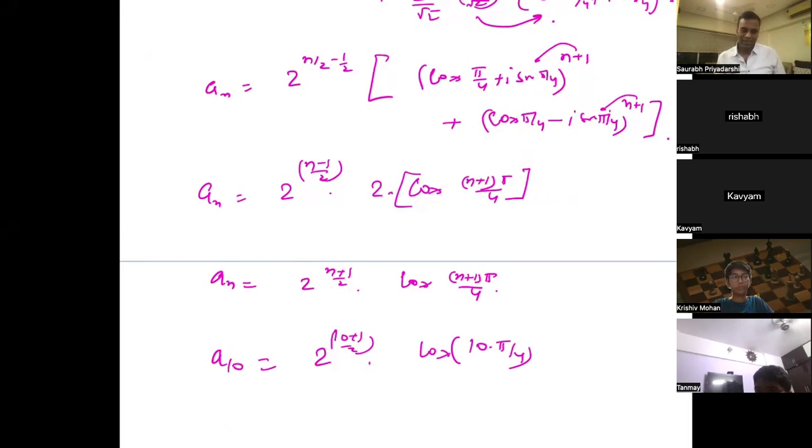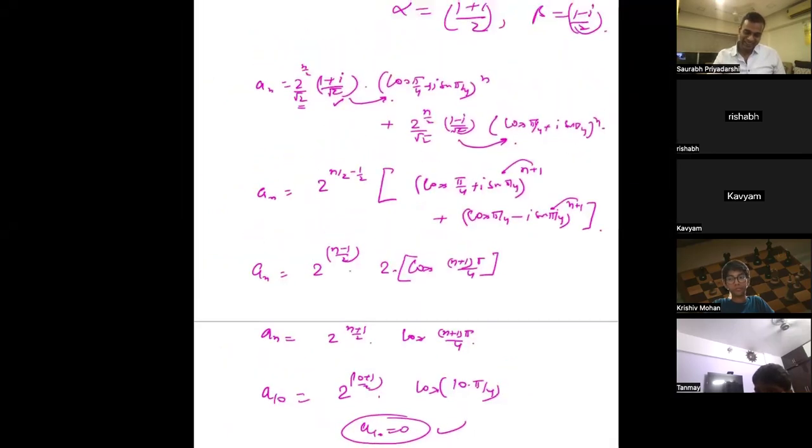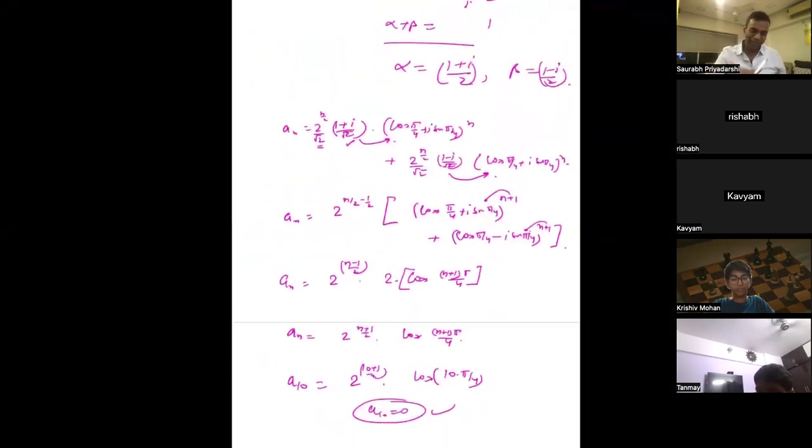So a_10 is nothing but 0. This could be a very calculative one, but ultimately you are getting a very, very simple answer, right?